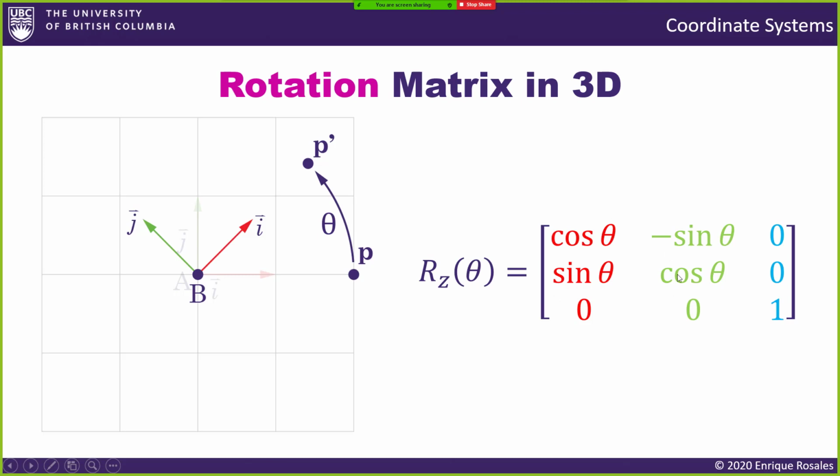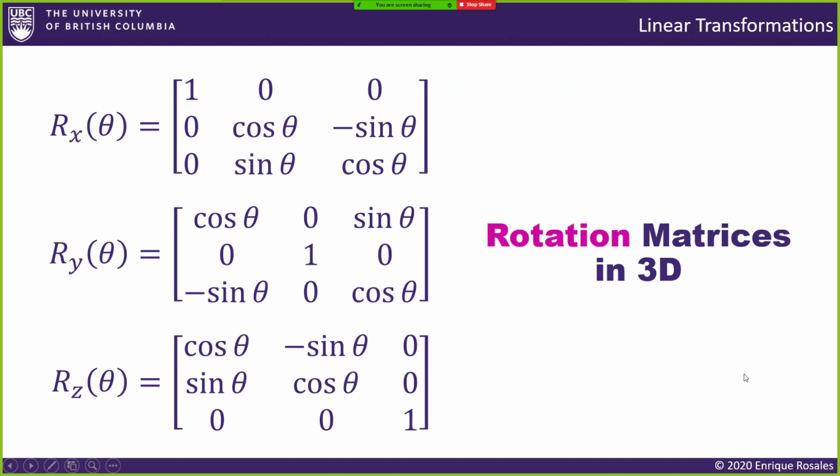So with exactly the same concept, we can construct the entire set of rotation matrices in 3D, right? This is the one where we're rotating about the z-axis, in which we have 3 column vectors that represent the 3 basis vectors of this coordinate frame that is turning.